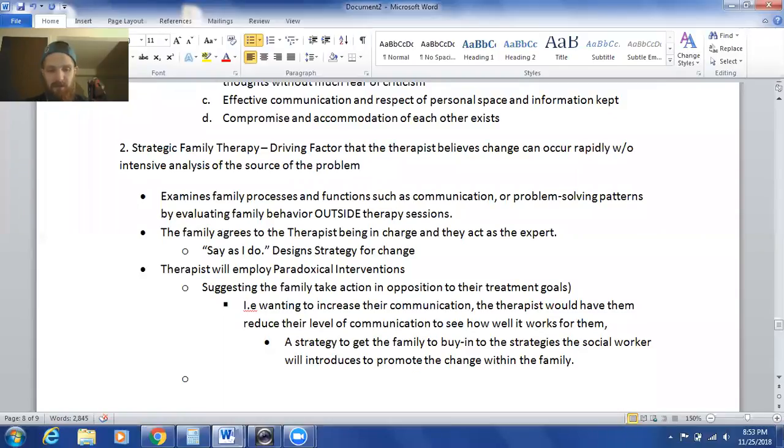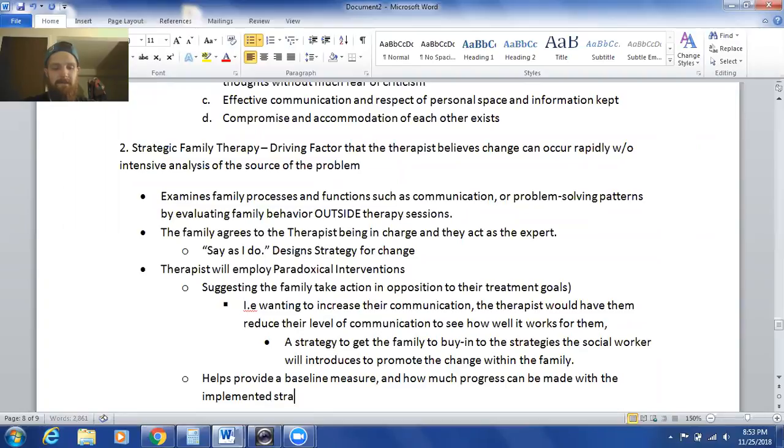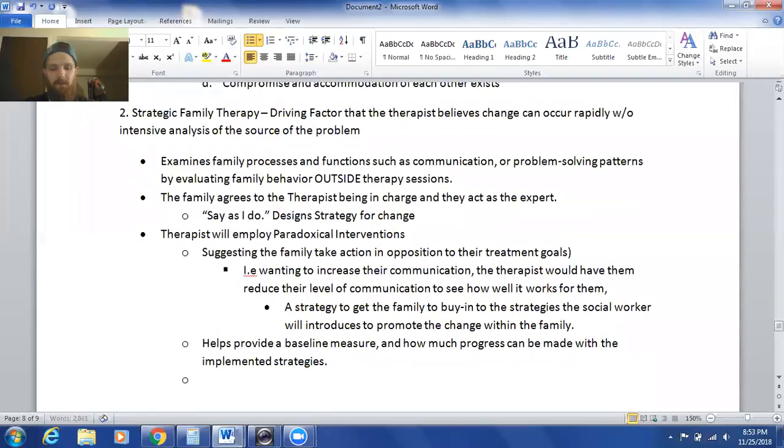Basically like reverse psychology. So it helps provide a measure, well, a baseline measure, of how much progress can be made with implemented strategies.